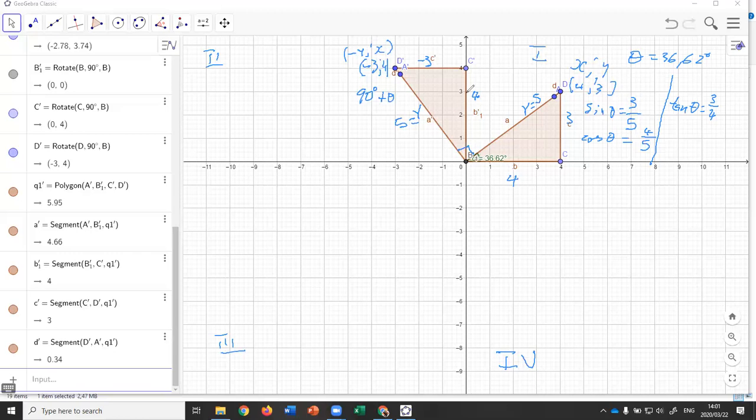Now, next thing that we're going to do, we're going to come and do the same thing in this triangle. So if I look for sine theta, let me use a different color here. If I look for sine theta in this triangle, what is my opposite? So let's, for argument's sake, use this as my reference angle. As a matter of fact, remember what we did in grade 10?